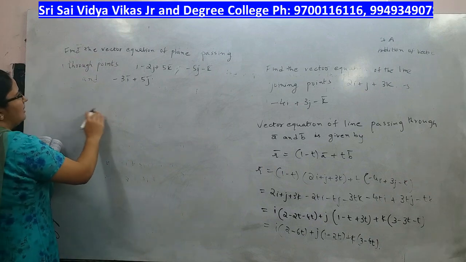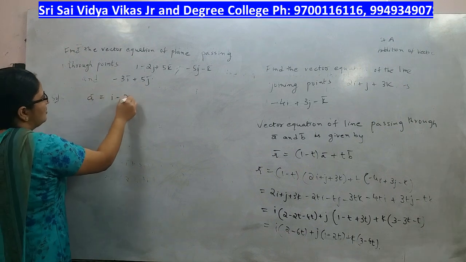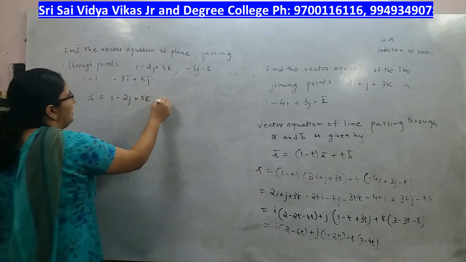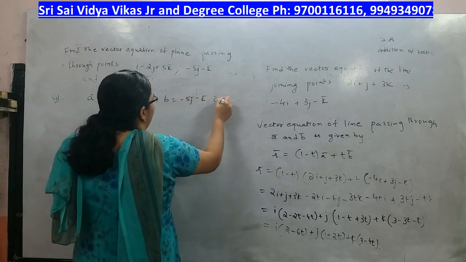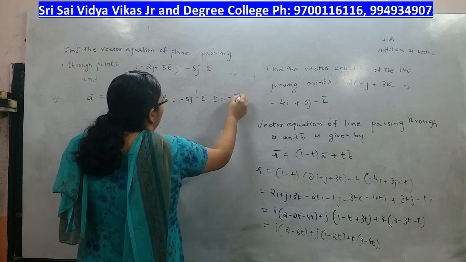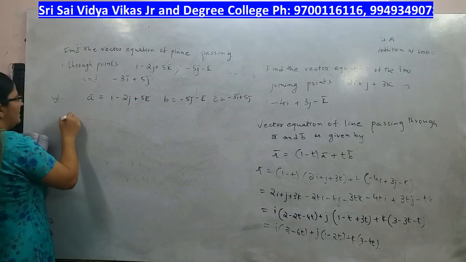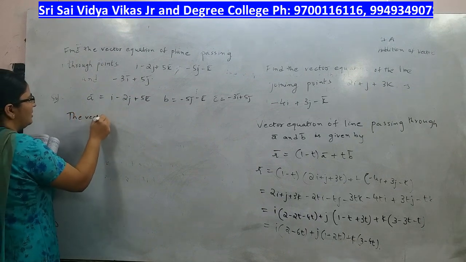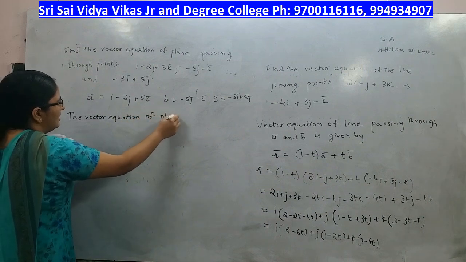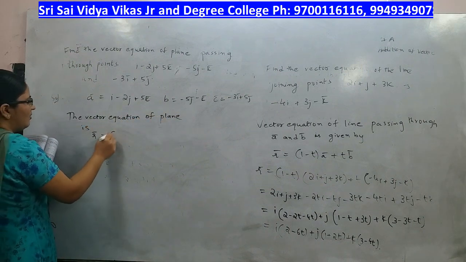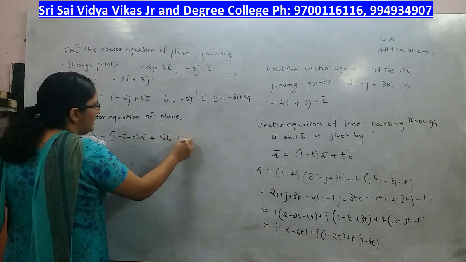Now, solution: A bar is equal to i minus 2j plus 5k, B bar is equal to minus 5j minus k, C bar is equal to minus 3i plus 5j. The vector equation of plane is R bar is equal to (1 minus S minus T) A bar plus S B bar plus T C bar.